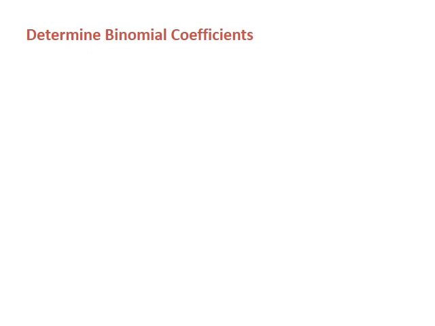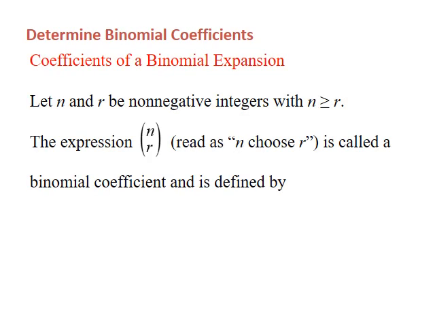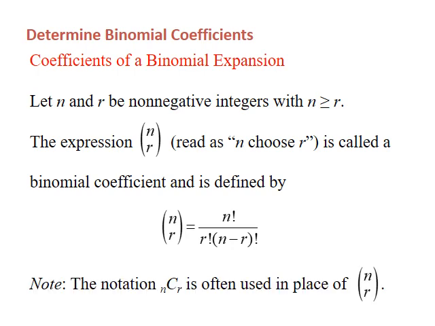Now, Pascal's triangle is nice, but if we want to expand a binomial to a power that's relatively large, writing all the rows of Pascal's triangle could be cumbersome. So here is an alternative to Pascal's triangle. And this alternative is found by using combinations, or this n choose r.